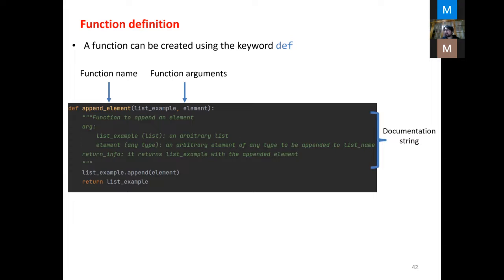Then it's good practice to add a documentation string for functions. So here is the documentation string. And then you write the instructions, what you want to do with the arguments of the function. For example, here to the list example, we use the built-in append function, and then we append the element that is the second argument of the function.